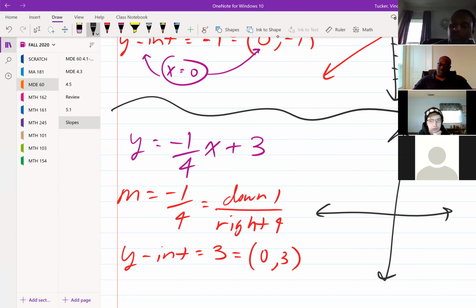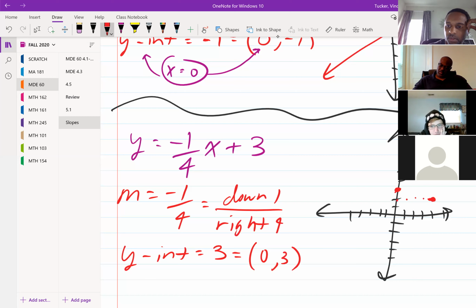Before we graph, questions? All right, so 0, 3 is right here, my y-intercept. Then from my y-intercept, I go down 1, right 4. And that's my line.